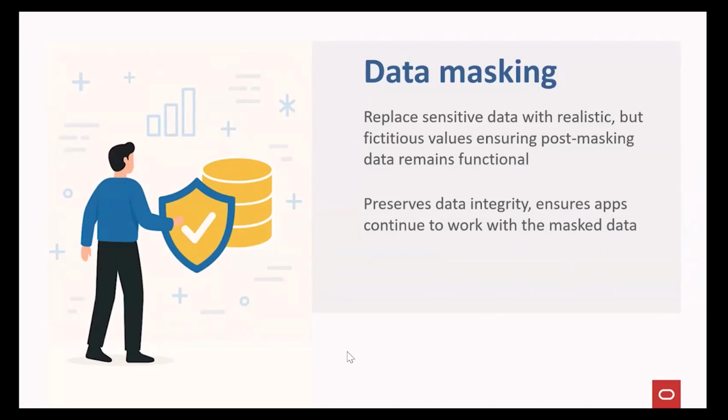So for data masking, as we were discussing how you can preserve the sensitive data integrity even after masking, you can achieve that with the comprehensive masking formats library that DMS offers.